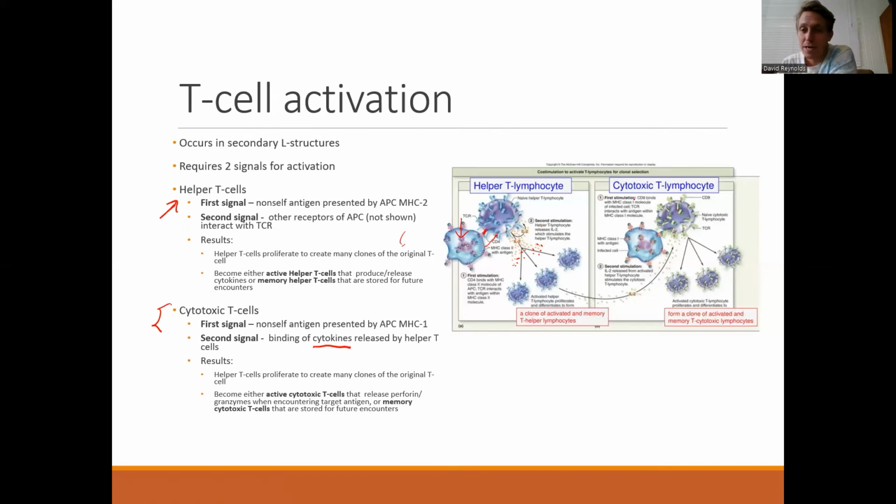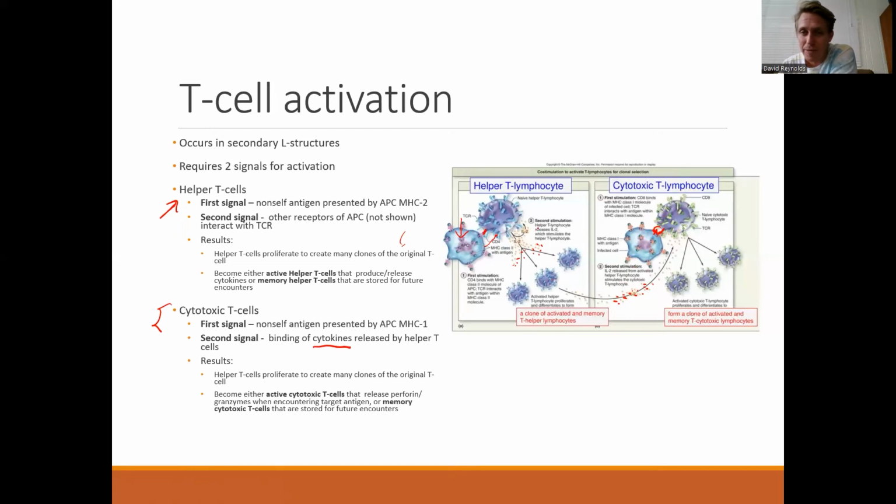Now, when it comes to cytotoxic T cells, similar process. You're going to have a TCR bind to a very specific antigen. This is only going to bind with MHC1 because of the CD that it has. And that's signal one. And then signal two is the cytokines that are being released by your helper T cell.